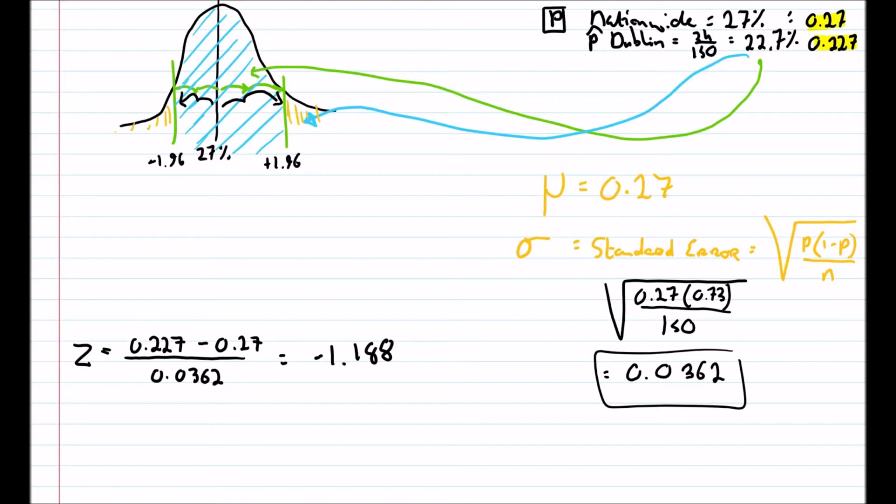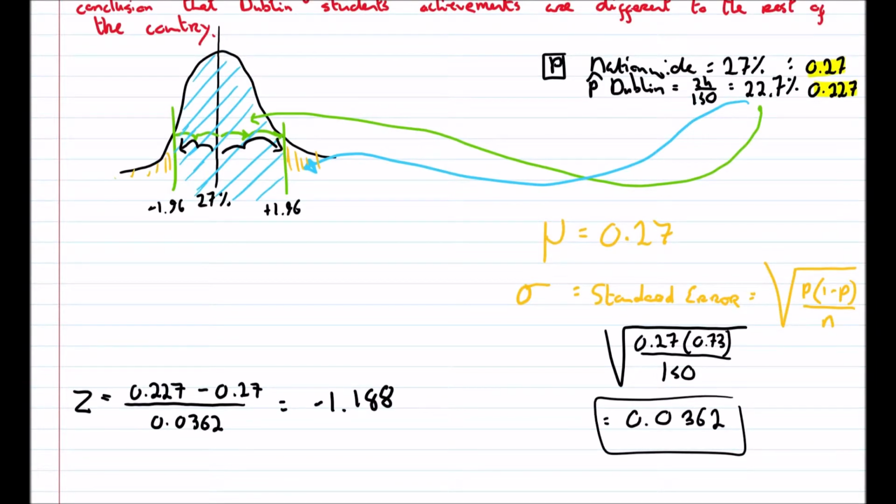So remember I said if it was in this area within 2 standard deviations either side of the mean, then I would be happy that the kids in Dublin are achieving the same results as the rest of the kids. Well, all I have to do is look at this number, and I have to see, does that number lie between minus 1.96 and plus 1.96.